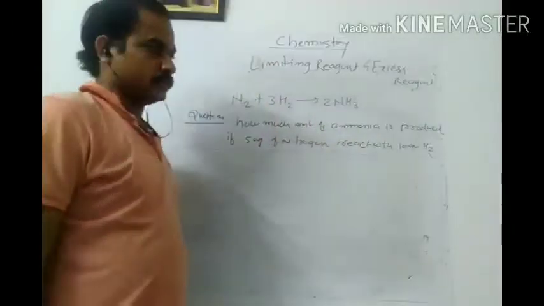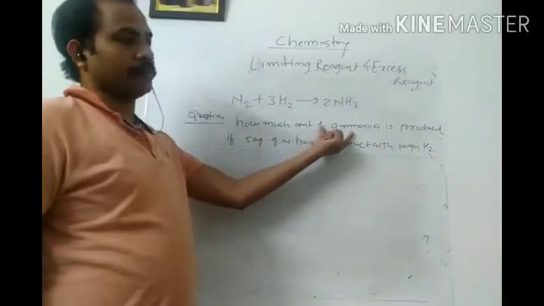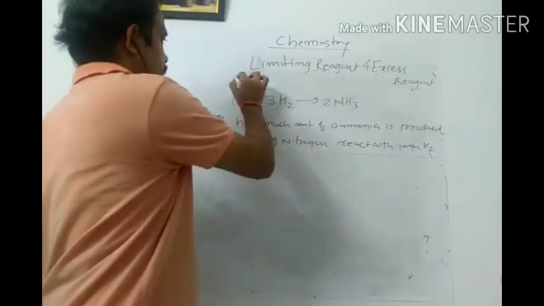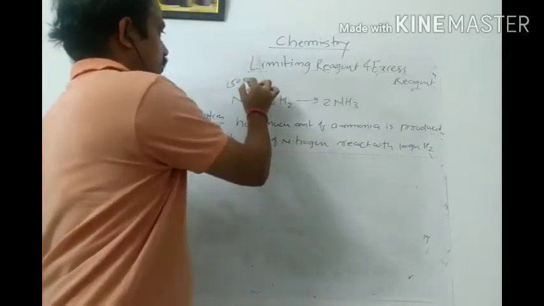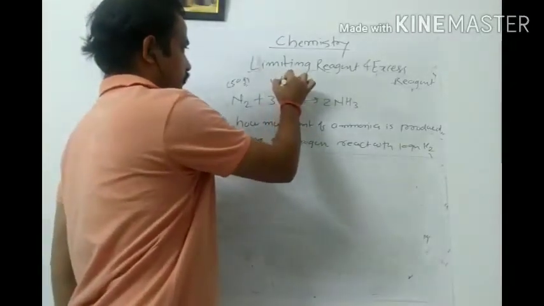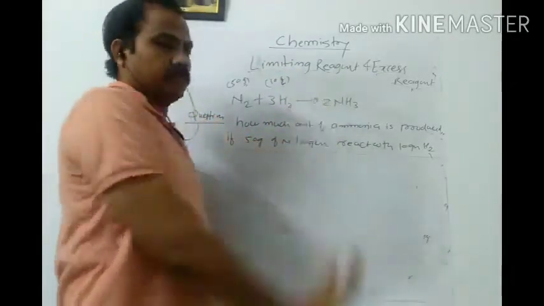So we have to find out the quantity of ammonia produced in this reaction. Nitrogen is 50 gram, and hydrogen is 10 gram.